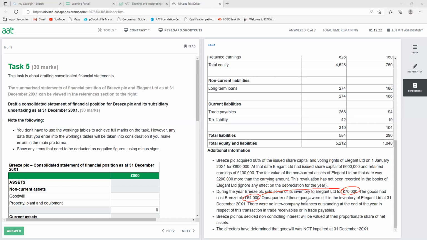Because if I sell to outside people, it is not a problem, I already get the money. The only problem is after we are together, if we still have some inventory left that I bought from the subsidiary or from the parent, and there is some profit inside. So it says 1/4 of the goods is still in the inventory, 1/4. That means we have to divide by 4. So 70 minus 54 gives me 16, divided by 4. That means 4 is the profit.